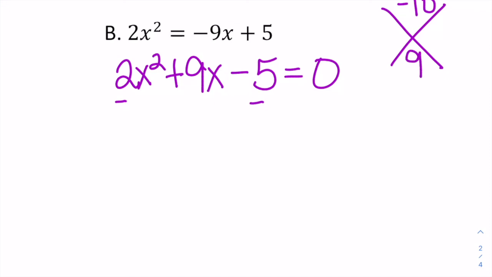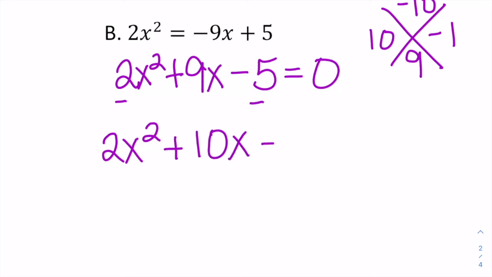So that's going to be positive 10 and negative 1. For this one, remember, we're going to use decomposition, factoring by grouping, because the coefficient wasn't 1. So this one had a 2.